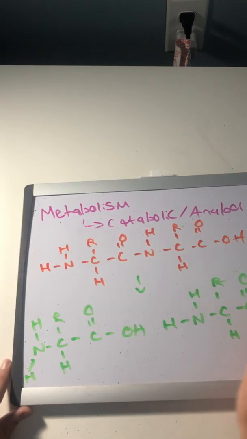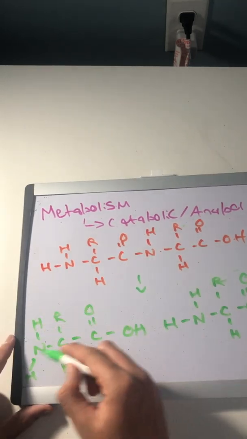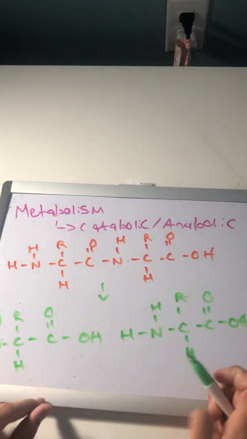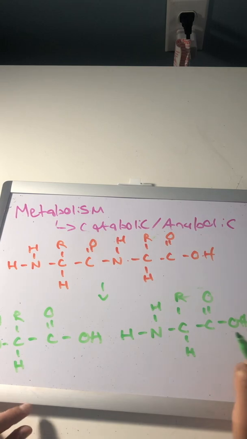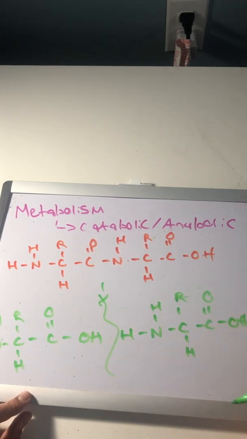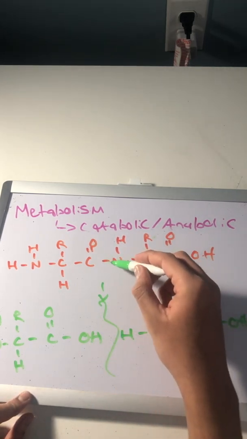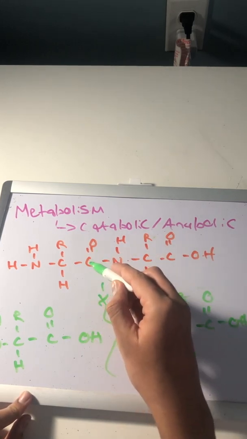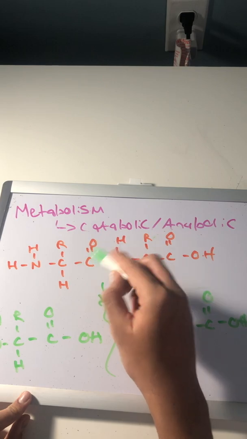Sorry for this amino group right here. I don't really have enough space, or else it would have been just like that. So what do we do here? Did you see how we removed the peptide bond? Both of these amino acids are separate now, because we attach the hydrogen again, which made this a whole amino group, and we attach the hydroxide to this double carbon bond with the oxygen.